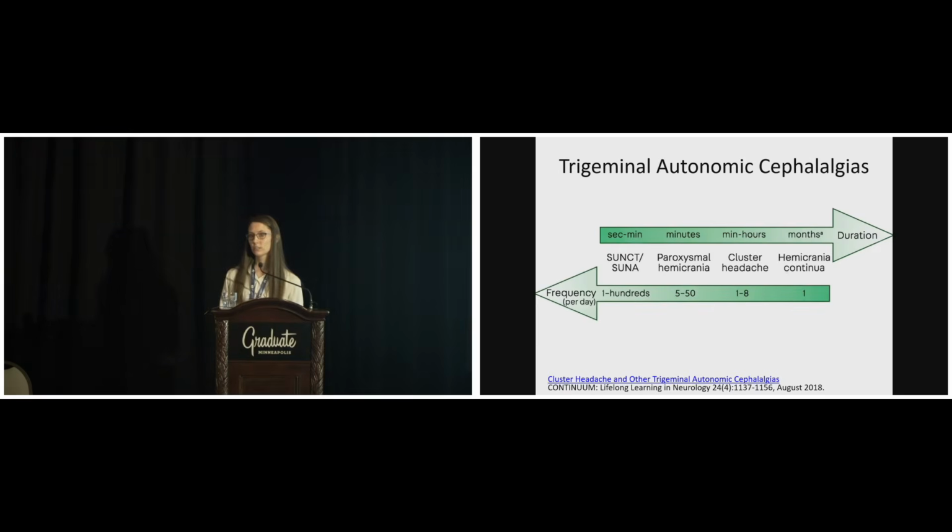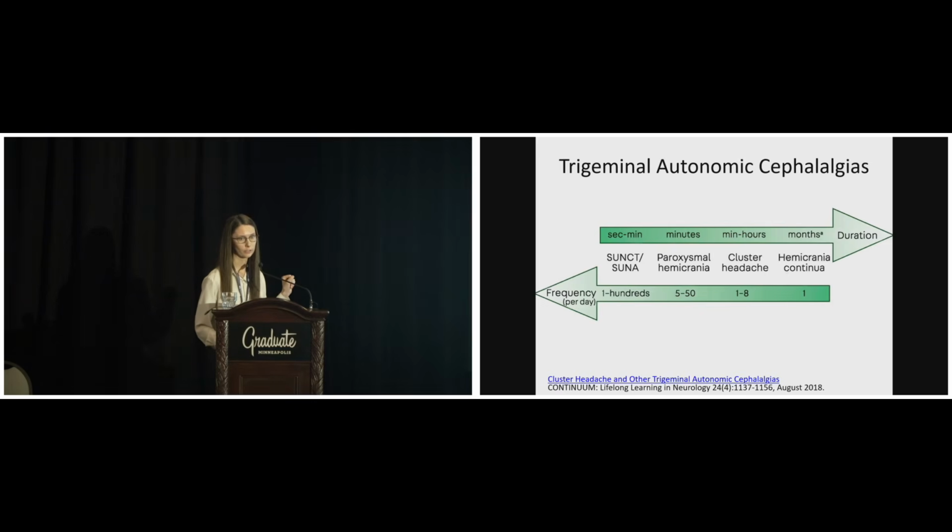So here is the algorithm for the trigeminal autonomic cephalalgias. These are varied based on the duration, how long the attack lasts, as well as how often it happens. If it's going on for just a couple seconds up to a minute, and it has 1 up to hundreds of times a day, this is SUNCT/SUNA.